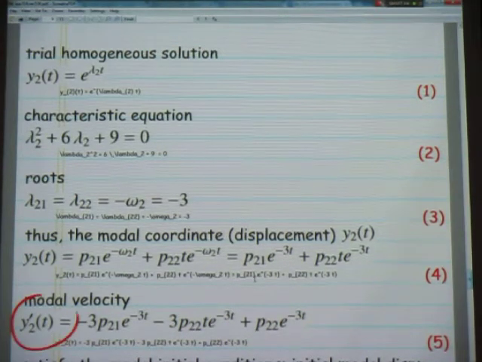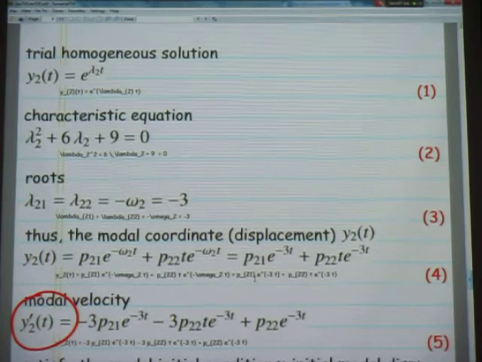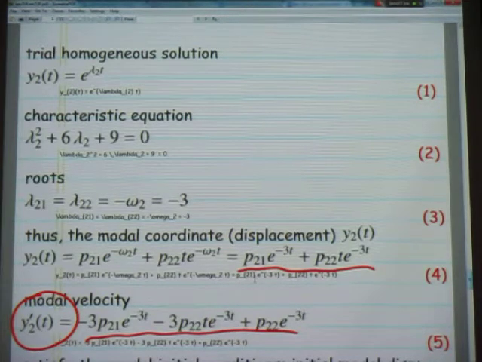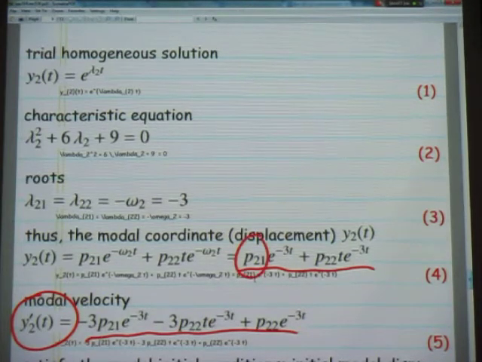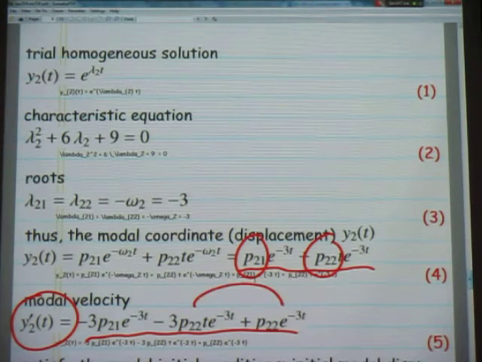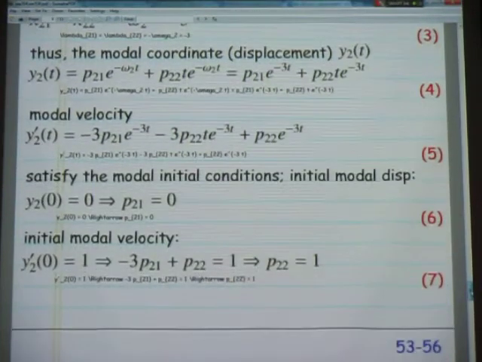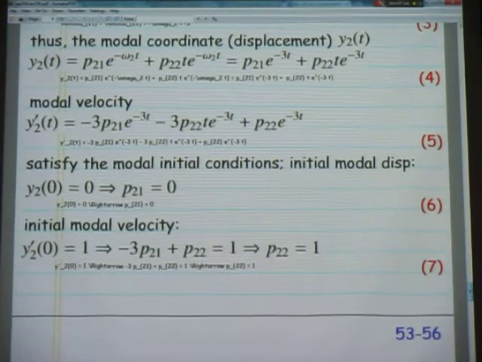That's why you need to find the modal velocity, by taking the derivative of this expression. We have only two unknowns, P21 and P22, all right? Here, you have both are P22, so it's not like you have an additional unknown.